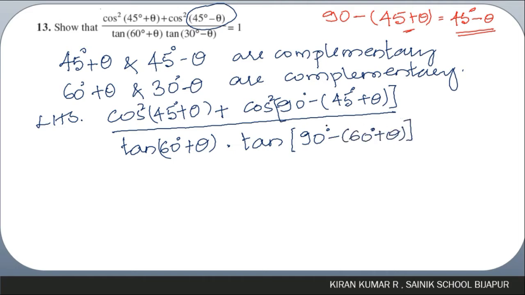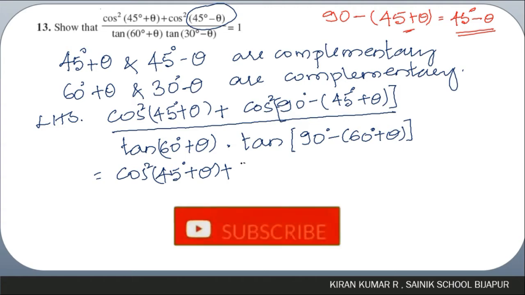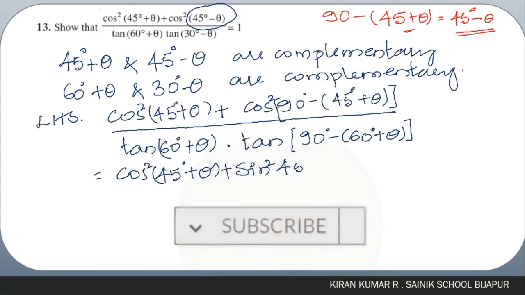Now you observe we have cos square 45 degree plus theta plus, now cos square 90 minus some angle will be sine of that angle. So the complementary relation will become sine square 45 degree plus theta.